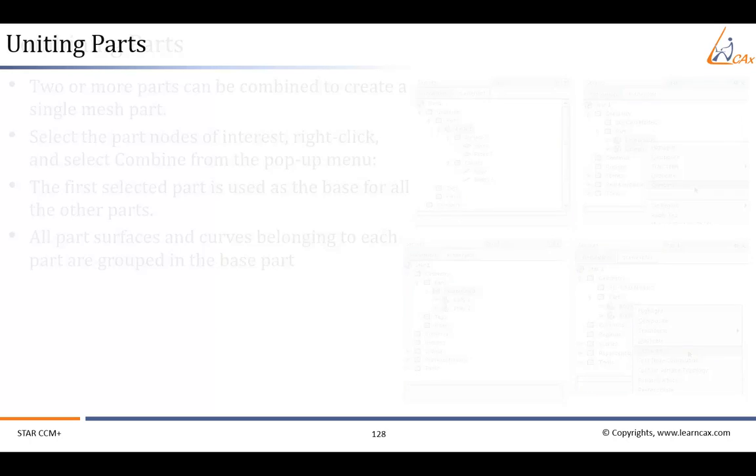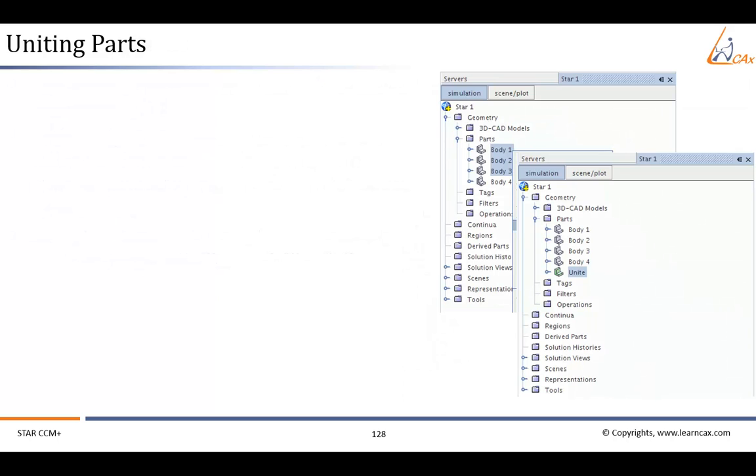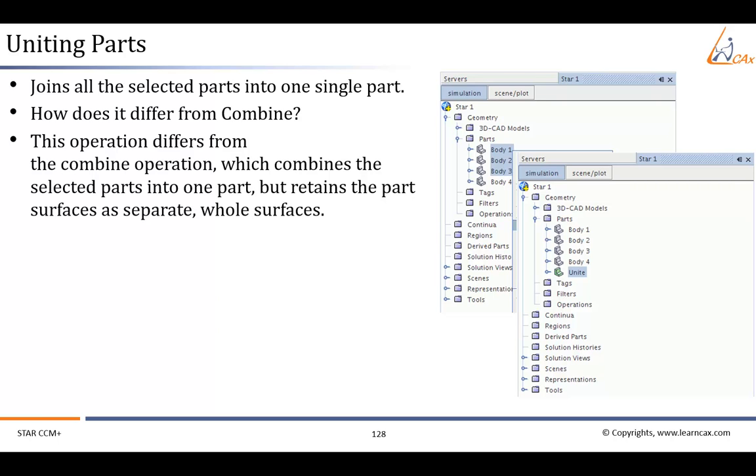The next operation is unite part. The Boolean operation unite parts joins all the selected parts into one single part. The surface of this new part is formed from segments of the constituent part surfaces. This is unlike the combine operation, which combines the selected parts into one part but retains the part surfaces as separate whole surfaces.